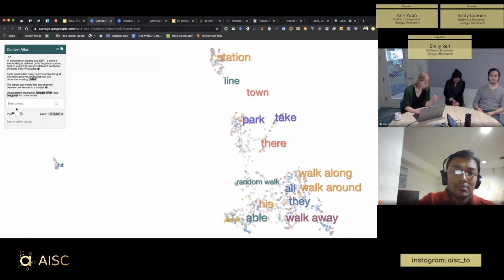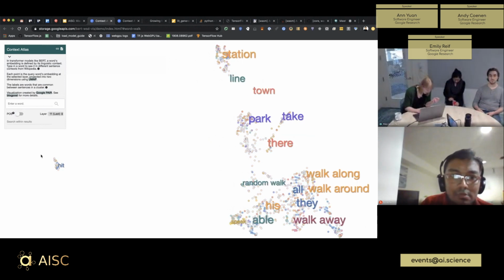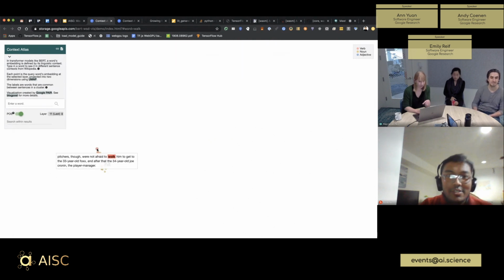And in fact, if we color them by part of speech, those clusters absolutely pop out as well. So it's definitely clustered by part of speech, but also finer shades within there. And if you're curious what this little cluster is, this is the baseball walk, both used as a verb and as a noun.